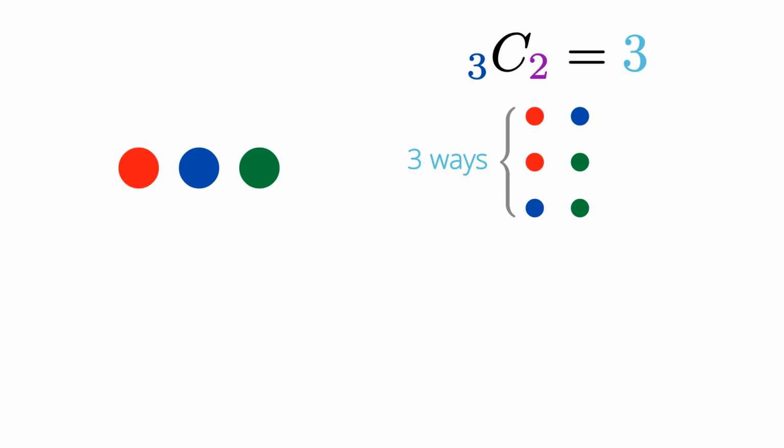Now remember, yes, these colors are ordered specifically, but red and blue is the same thing as saying blue and red. Red and green is the same thing as saying green and red, and blue and green is the same thing as saying green and blue, because order does not matter. It's all the same. Now, let's say you wanted to try green and red as another combination because you still weren't certain.